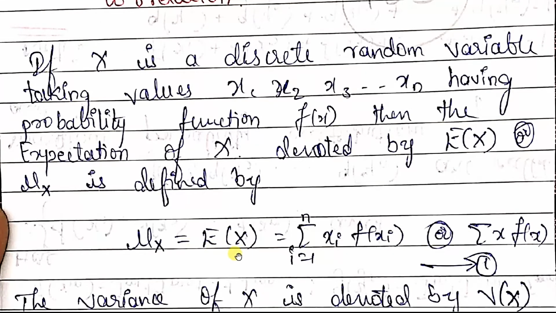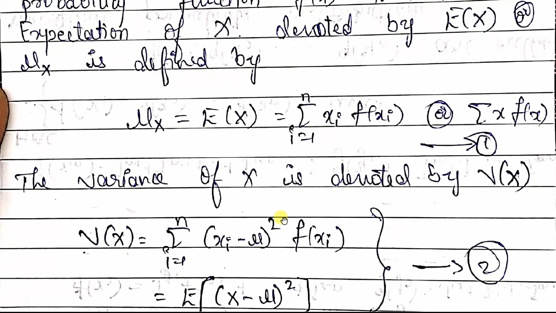E of x is equal to the summation, i runs from 1 to n, xi f of xi. What is the mean when x is a discrete random variable taking the values x1 to xn? Mean mu is equal to the sum of xi f of xi, right? In the similar way, e of x is equal to the summation, i runs from 1 to n, xi f of xi, or simply x f of x.